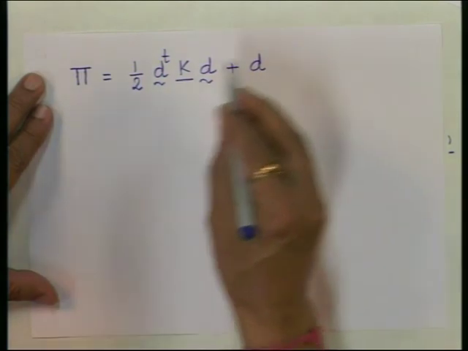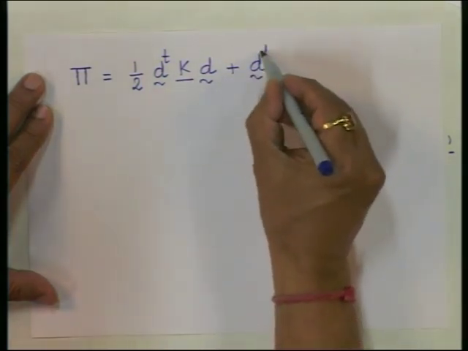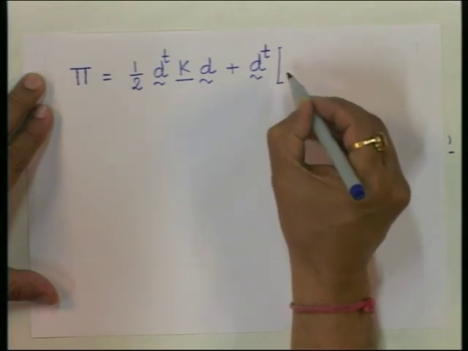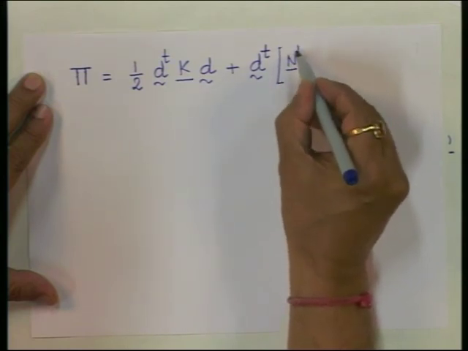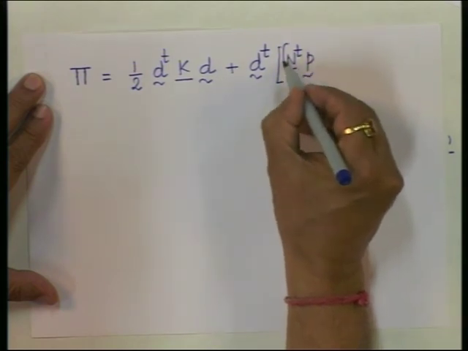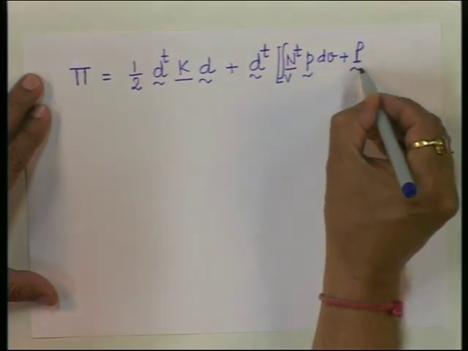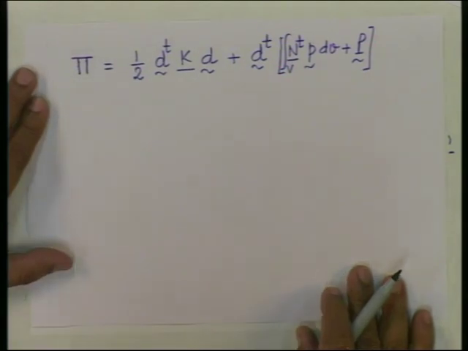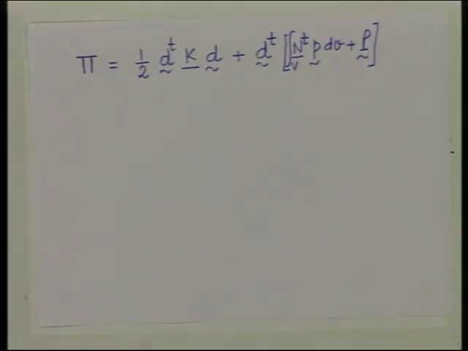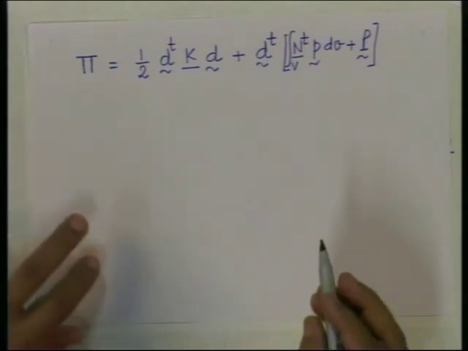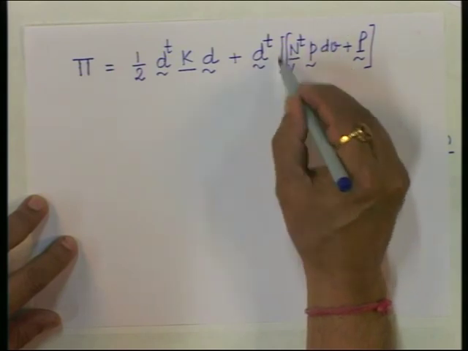Anyway, I am just writing the expression for Pi: d transpose, N transpose p dV, plus P. See this N: if you integrate this, it will also give you a force term.